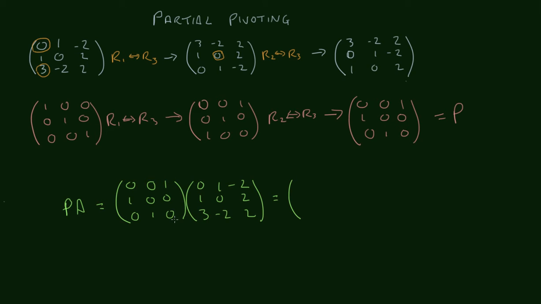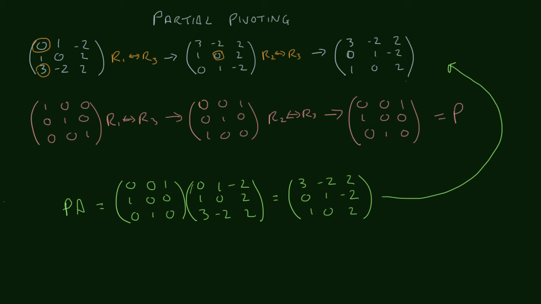So if I multiply these two together, my first row will be row 3, my second row will be row 1, and my third row will be row 2. You can see that's the same as what we had over there. So the first thing to note is that when we perform the row swaps, we get a permutation matrix, and the permutation matrix multiplied by our original matrix gives you the effect of the row swap.